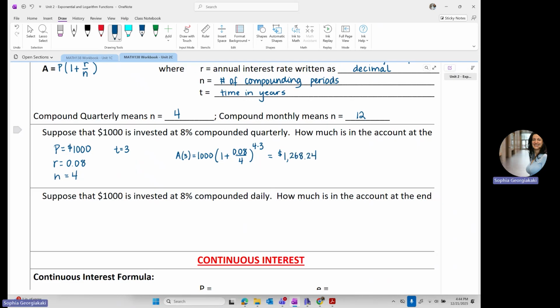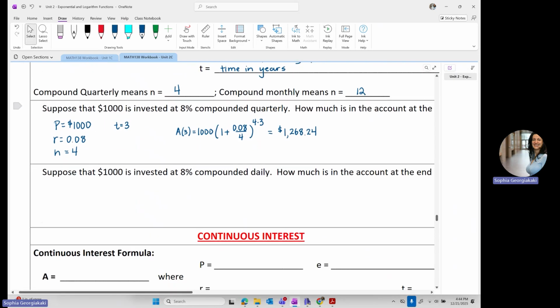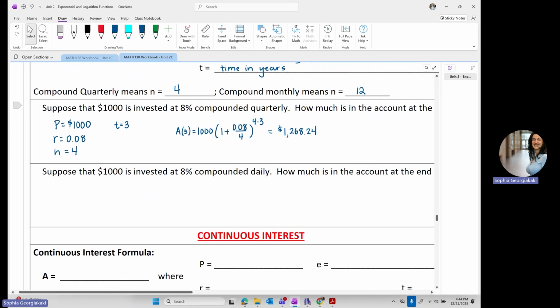What if I have the same situation, same principal, same annual interest, but it's compounded daily? Daily will be 365. And I know that we may have a leap year, but 365 is the most common.